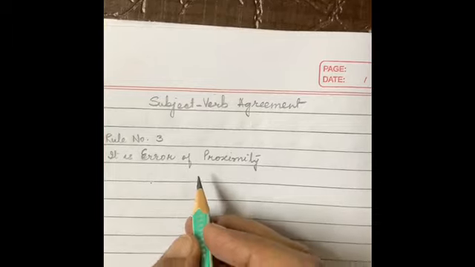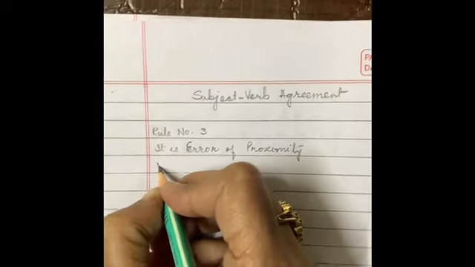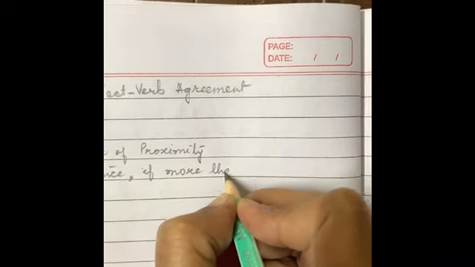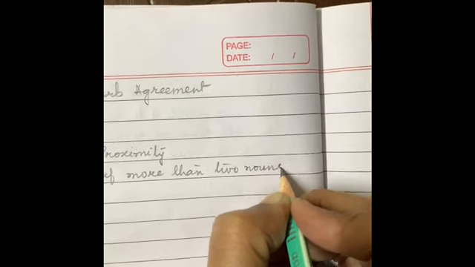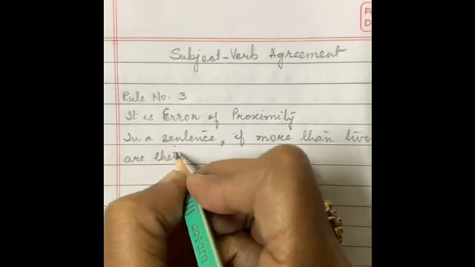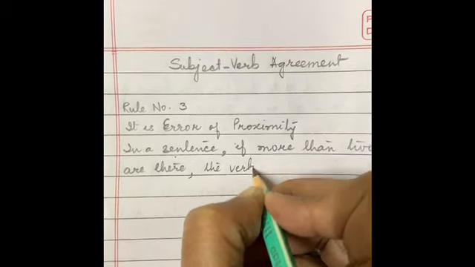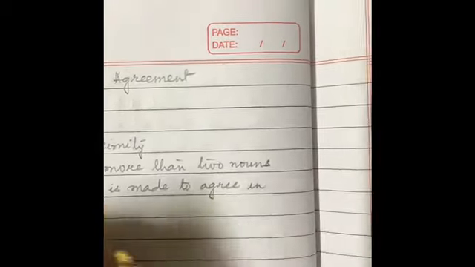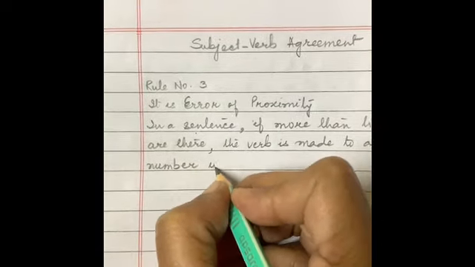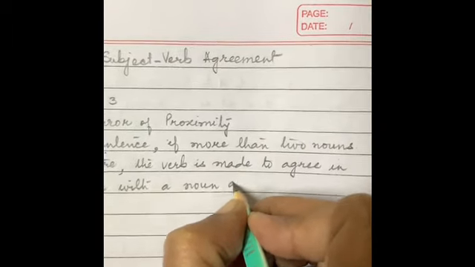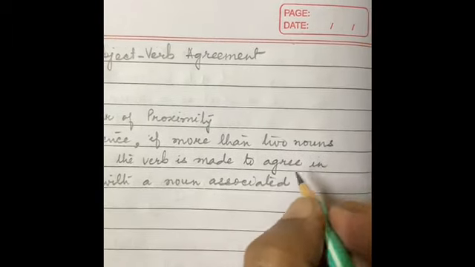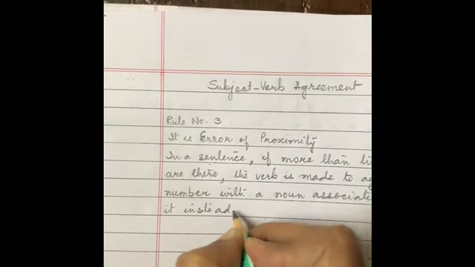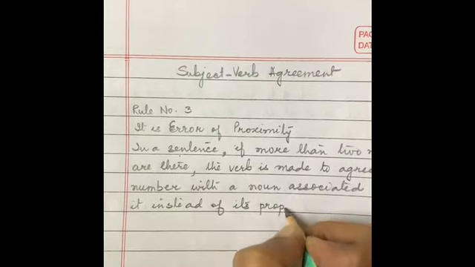Now, in a sentence, if more than 2 nouns are there, the verb is made to agree in number with a noun associated or near it instead of its proper subject.